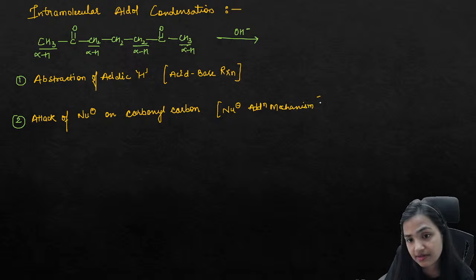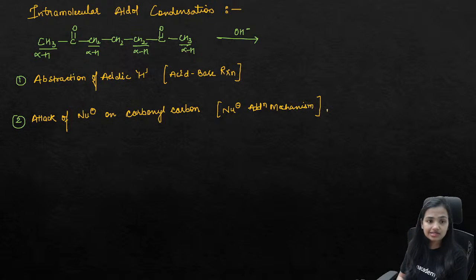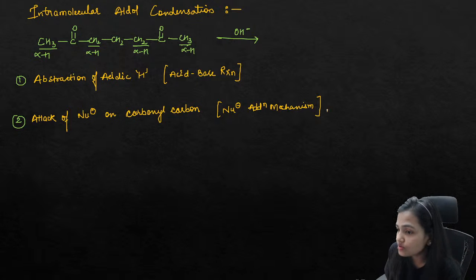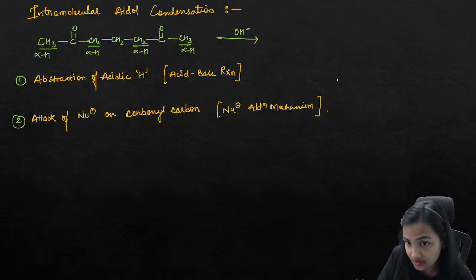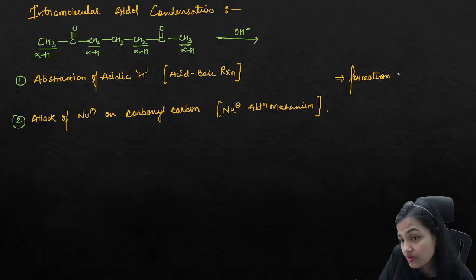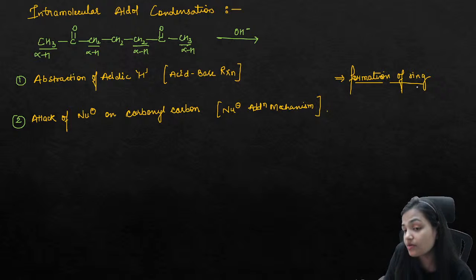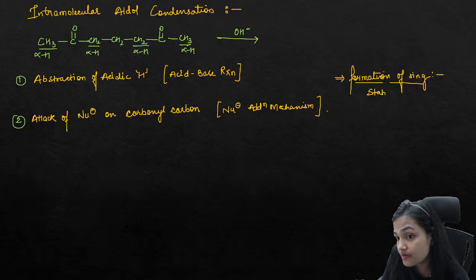So these are the two steps, but when we focus on the intramolecular reaction, there will be a formation of a ring. And whenever there is a formation of a ring, we have to focus on the stability of rings.